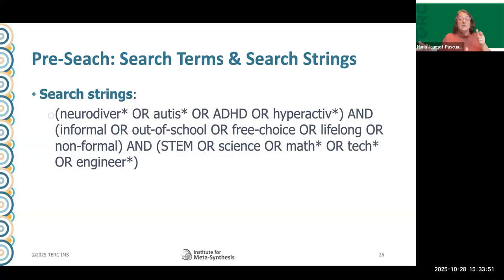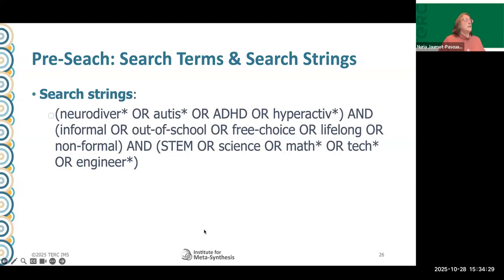And the third one is for the content area, STEM, science, math, etc. Within the parentheses, it means that at least one or more of these words need to be in your results. The "and" in between means that you need a word from each of these sets of parentheses. So you can have any combination of those things present in your results.